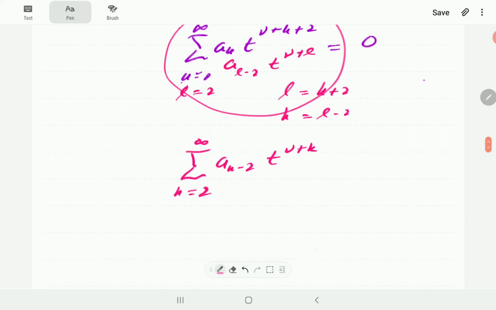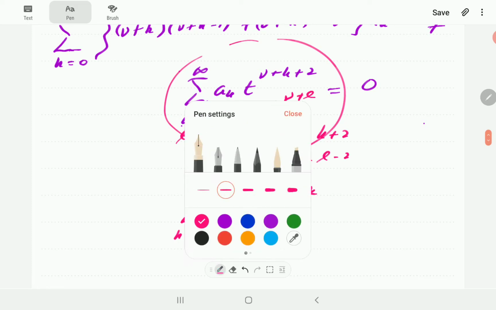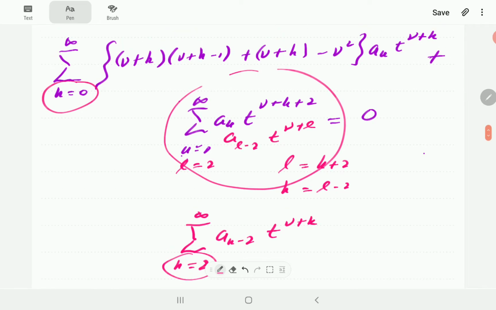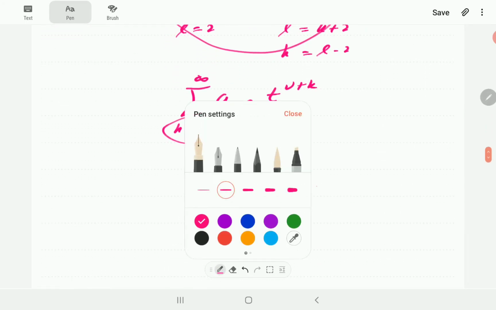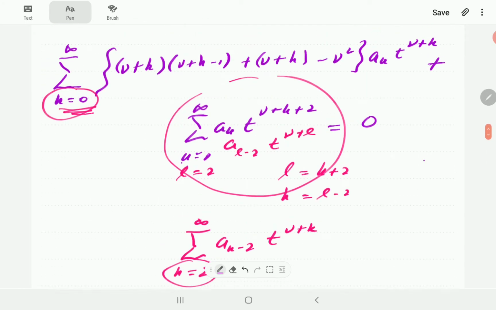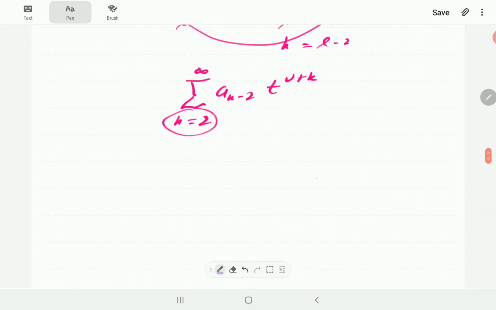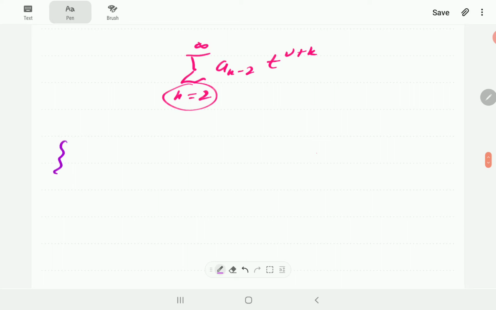Now the next thing is to make sure that the lower summation indices of these two terms are the same. So that means we're going to evaluate this one at 0 and also evaluate it at 1. Okay, and then the two of them we can combine. So in the next line, when you plug in k is 0 there, this is what we're going to get.